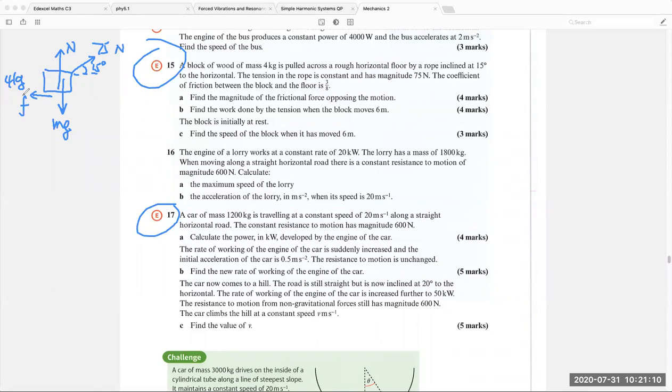No question, and then take some time to find the friction. That means that you need to find the normal reaction.